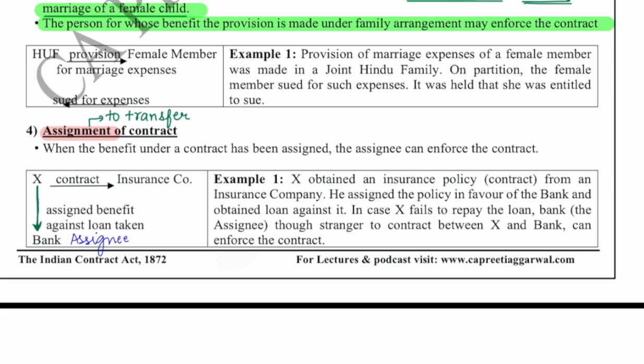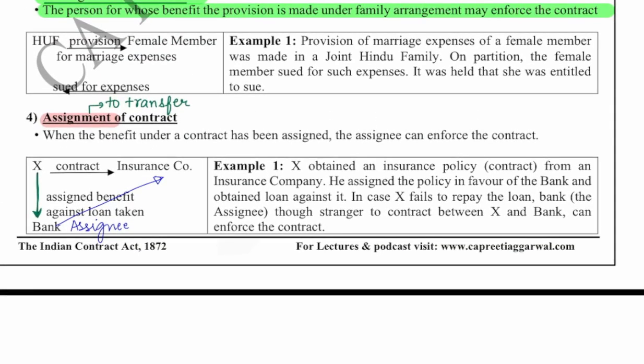Now, what if X fails to repay the loan? What will the bank do? The bank will surrender the policy and get money against it. Now, it is worth discussing that the contract is actually between X and the insurance company. Let me highlight that for you.